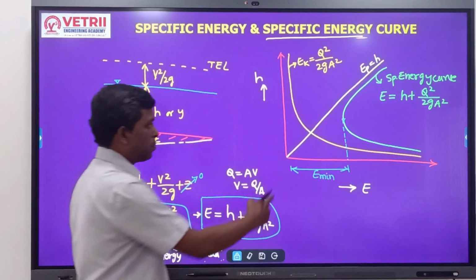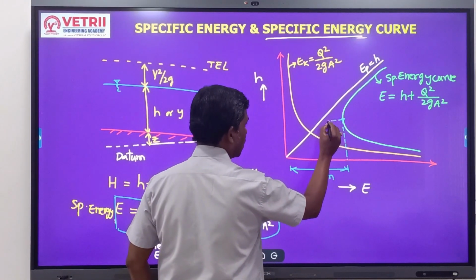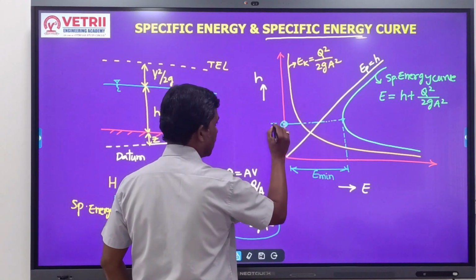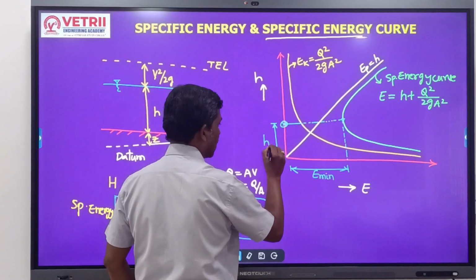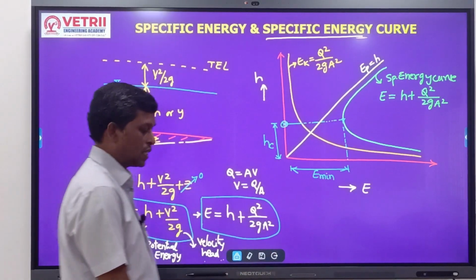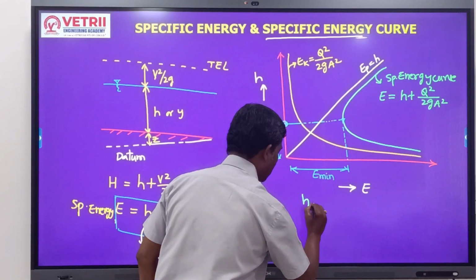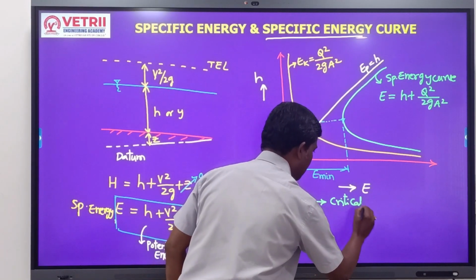For this minimum specific energy value, if I draw the horizontal and get the value of H, that is nothing but the critical depth, represented with HC.